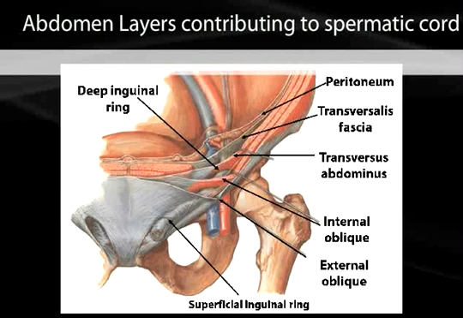Then you can see the internal abdominal oblique, which does get some fibers pulled out as the cremaster muscle, and finally the fascia of the external abdominal oblique will form the external spermatic fascia over the spermatic cord. So it's that imperfection in the transversus abdominis that forms the deep inguinal ring.